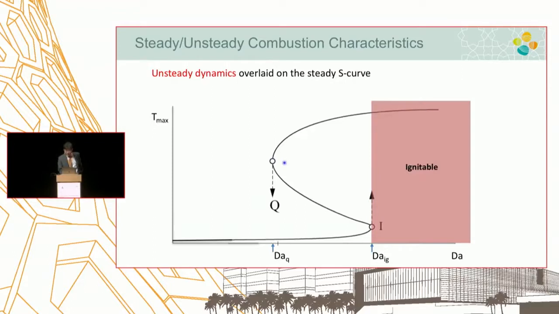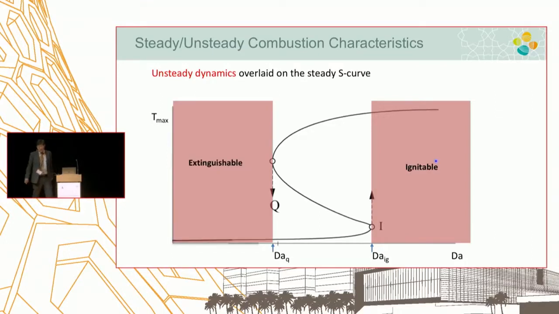The Damkohler number is a system parameter that we have control over in a combustion system. So this is the ignitable region, and that's the extinguishable region. Keep in mind, if you are in between, you either have a burning or non-burning solution, okay?